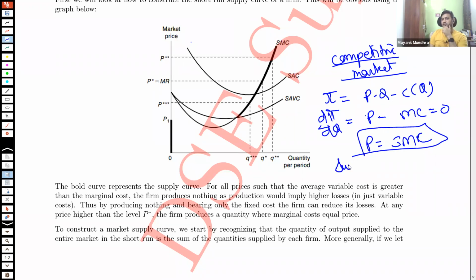So this becomes the supply curve of the firm. So supply curve should ideally be along this short-run marginal cost. This represents the supply curve of the firm.